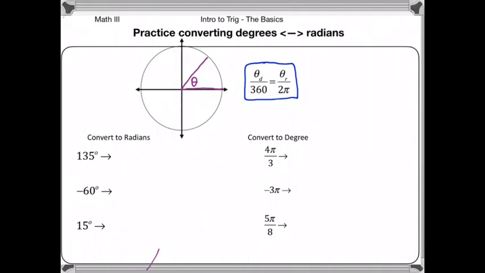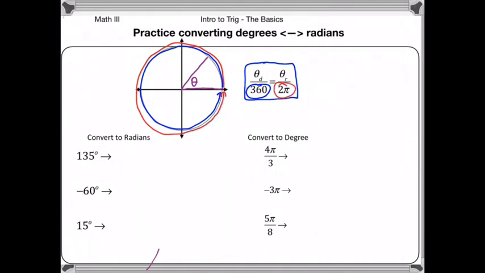We're looking at proportions here. That angle in regards to 360 degrees, which is the number of degrees in a circle, is going to be the same ratio in radians as 2 pi is to one turn around the entire circle, as we learned in the last video.